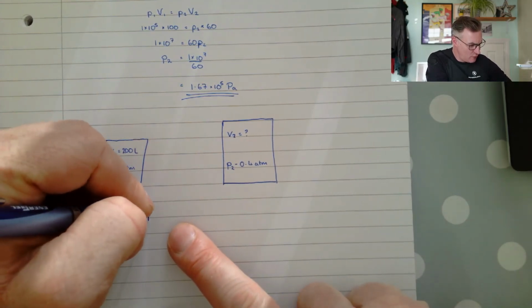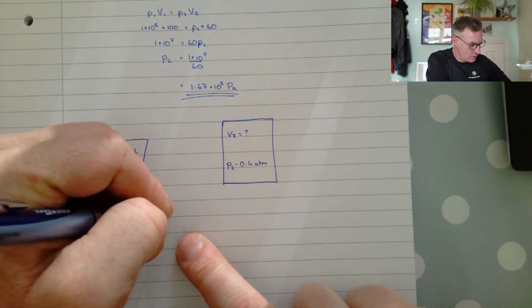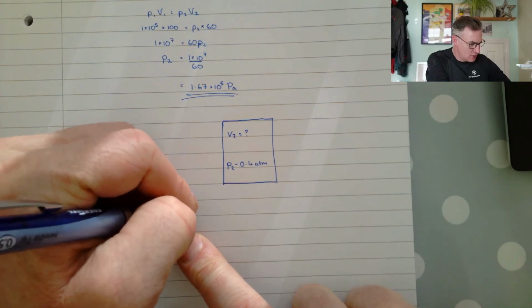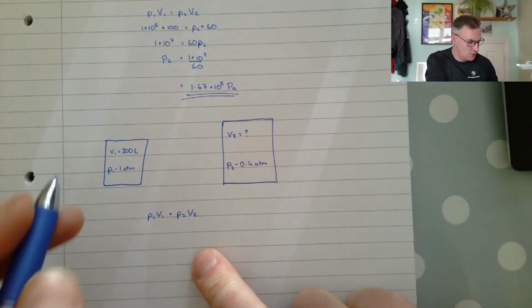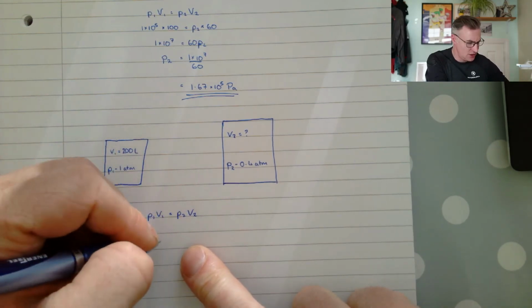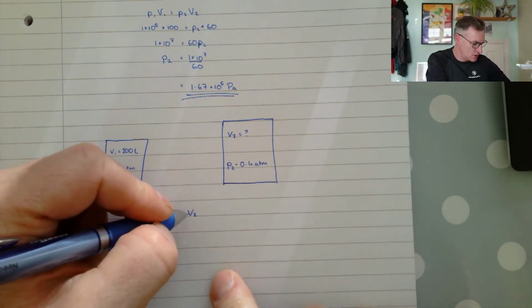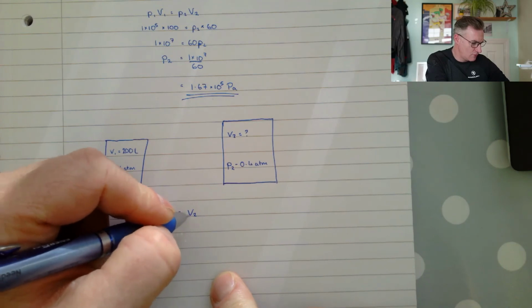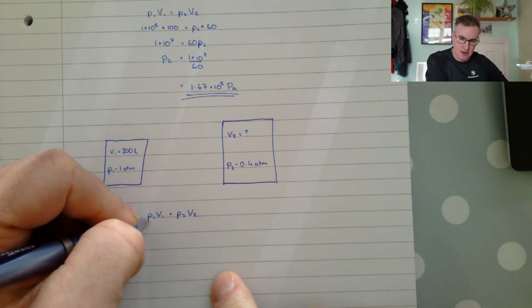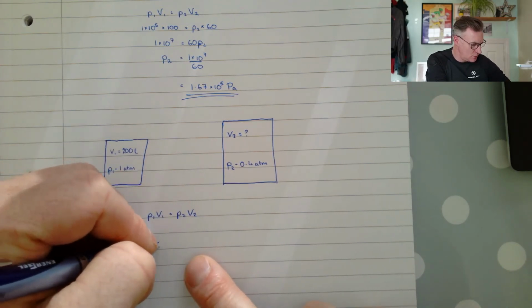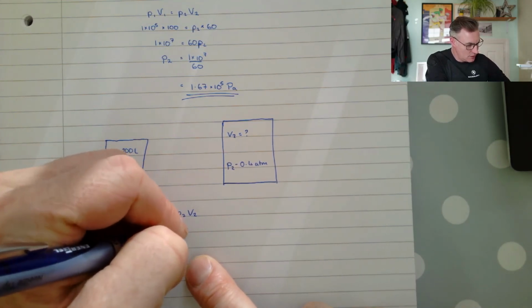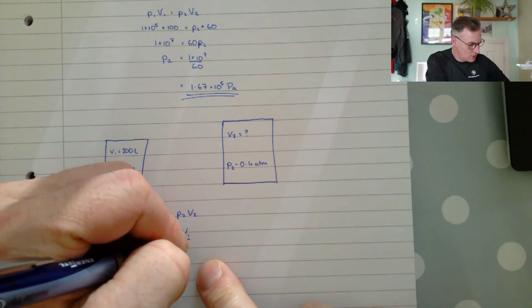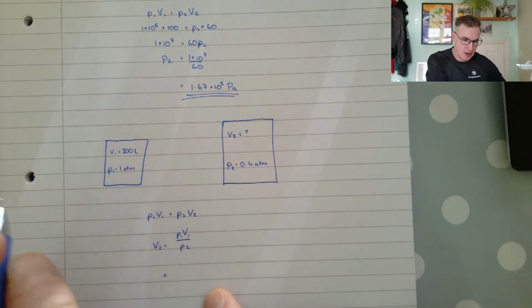Okay, exactly the same as before. We'll have P1 V1 equals P2 V2. In this case we're looking for V2, so we could rearrange. So cross multiply, get rid of the P2 by pulling it down here. So V2 is equal to P1 V1 over P2. Then we can make our substitution.